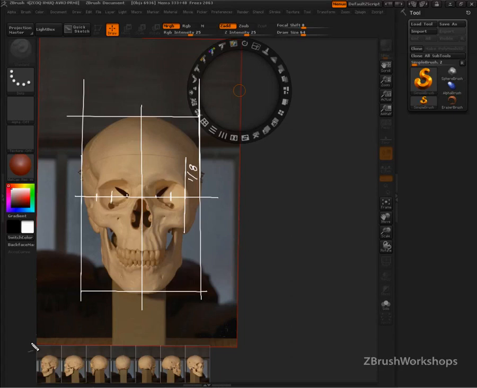Now the next thing I need to do is figure out where the orbit of that eye is really going to start. So I'm taking this eighth of a head unit, and I'm dividing that further in half. Okay, and while this is not accurate, the unit of measurement I'm going to give you right now, it is one of those measurements that's accurate enough.